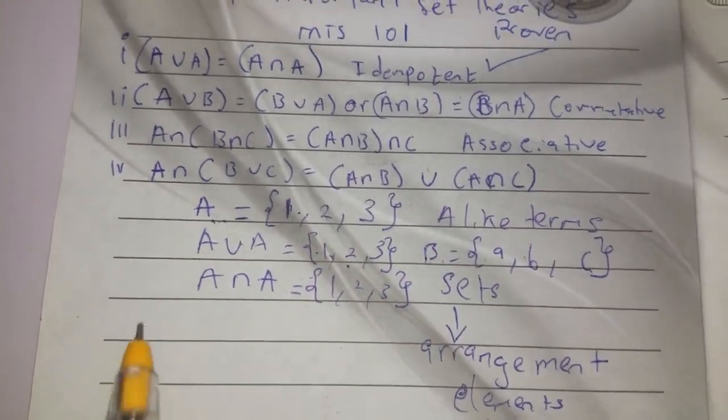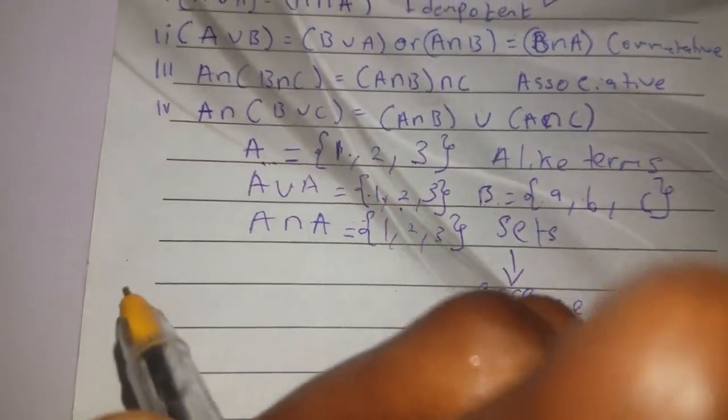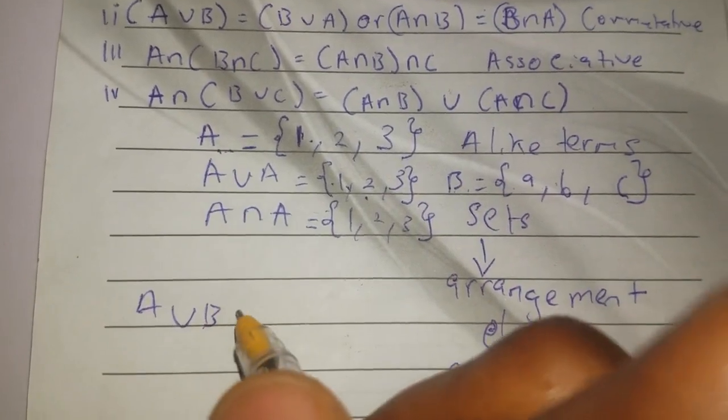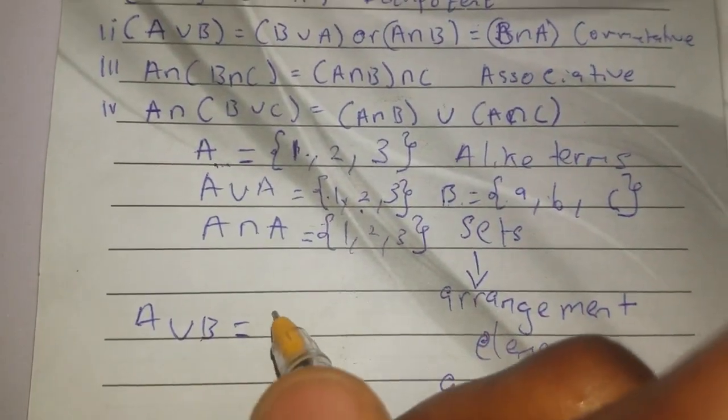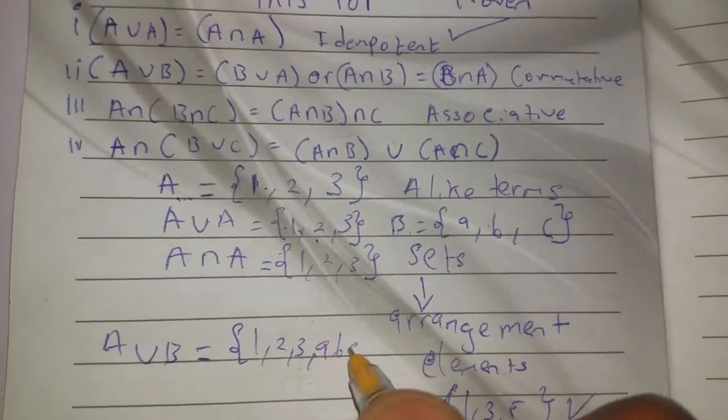Let me continue. Now, A union B is equal to what? 1, 2, 3, a, b, c.